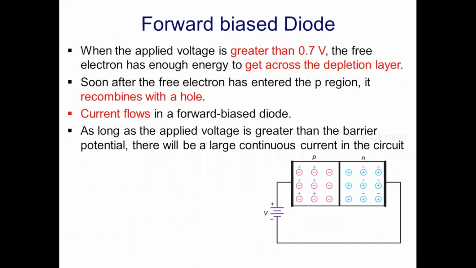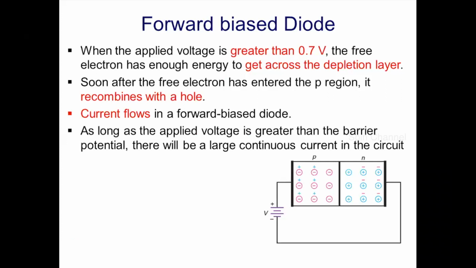The next condition is the biased condition. First, let us connect the positive terminal of the battery to the p-type semiconductor and the negative terminal of the supply to the n-type semiconductor. Under this condition, when the voltage is slightly greater than 0, the free electrons get sufficient energy from the applied voltage and try to cross the junction by drifting.